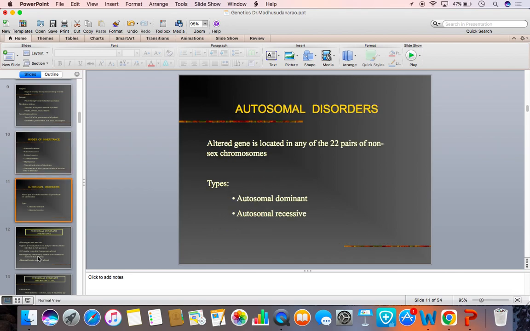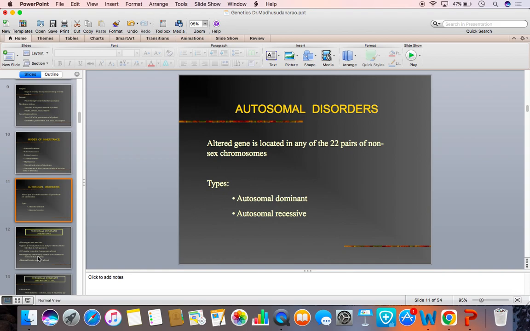What are the autosomal disorders? The altered gene is located in any one of the 22 pairs of autosomes. The other pair is the sex chromosomes. That means the disease is due to the altered gene in any one of the 22 autosomes.